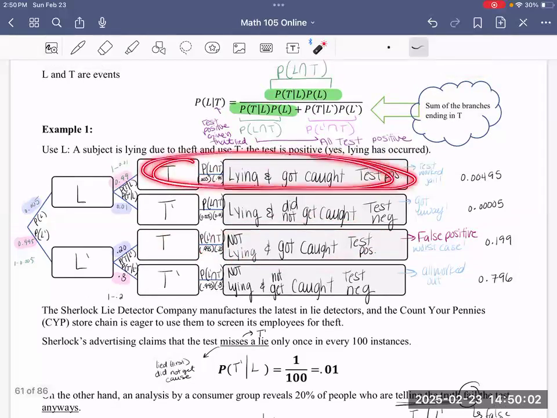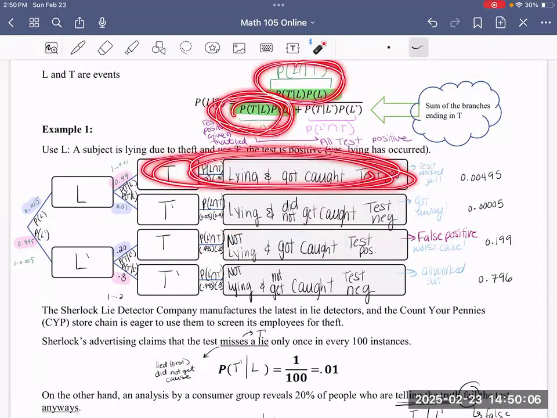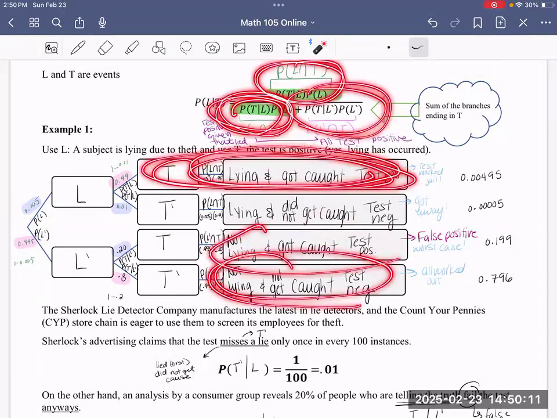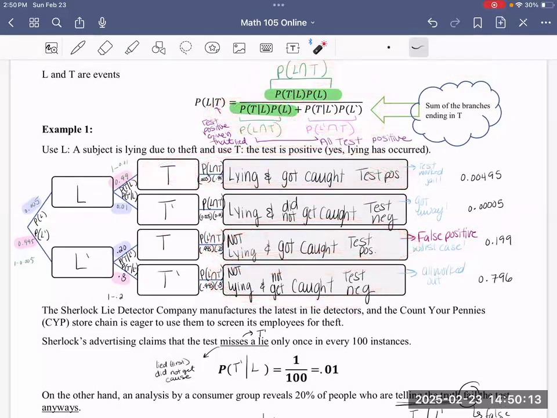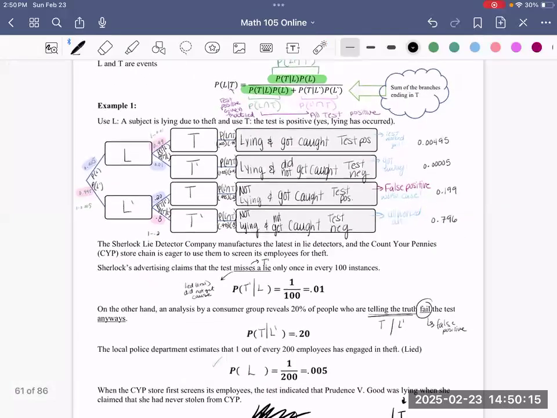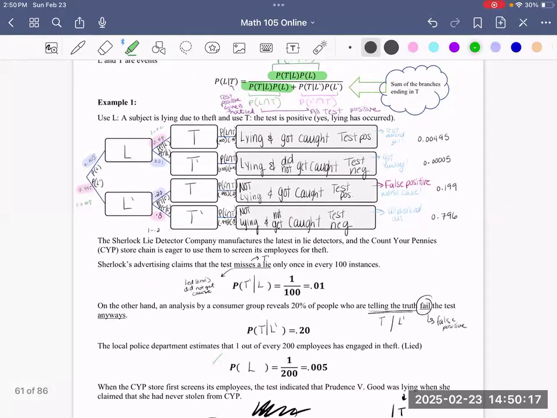So somebody who lied and got caught, that would be this part right here, and again right here. And somebody who wasn't lying, but still tested positive over here. So when it comes to your probability, we're just taking these results here, this one, and then again, one more time, this one. We don't care whether or not the person was lying, but we want to know, figuring out all of those who do test positive.